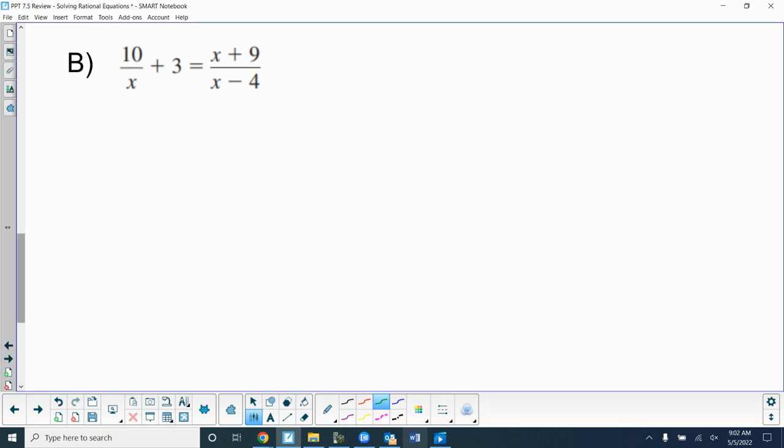Good, multiply. Okay. What happens to those? Negative three. Plus or minus. Does this cancel with anything under here? No.